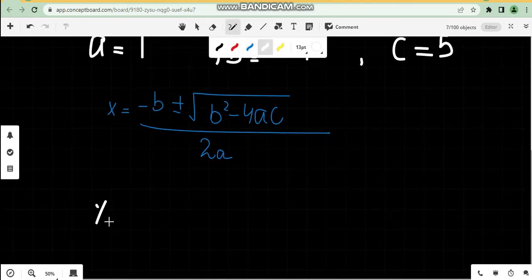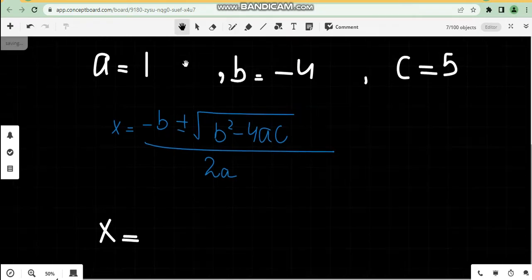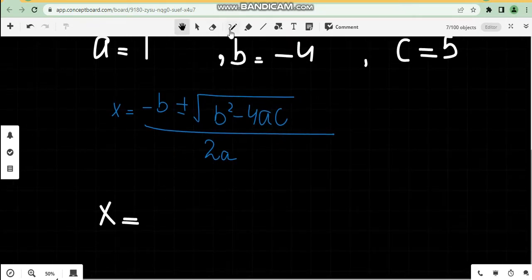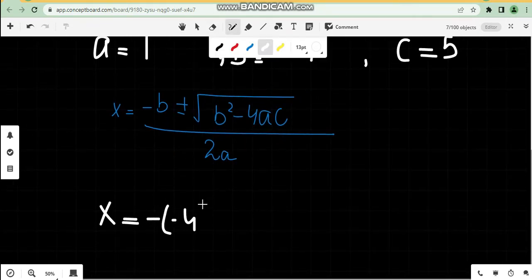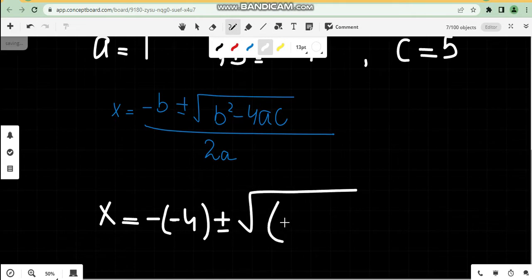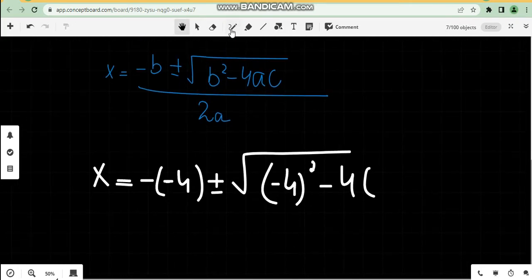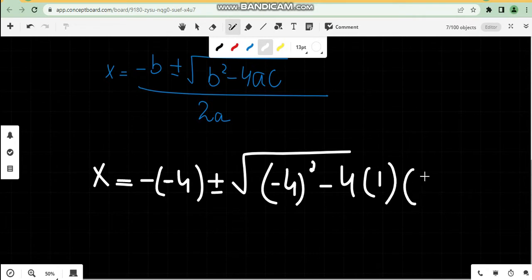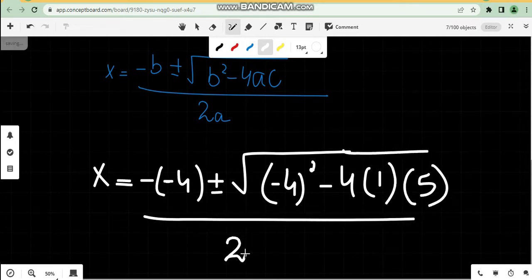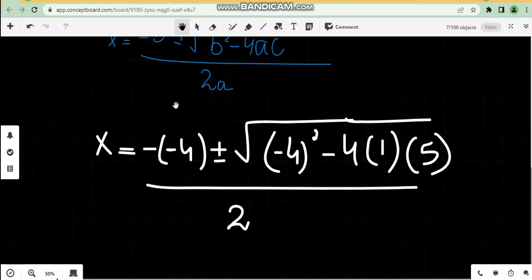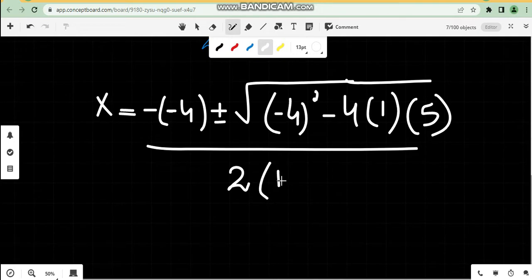So x equals the negative of the b value, that is -4, plus minus square root of (-4) square minus 4 times a, which is 1, and c is 5, divided by 2 times the a value, that is 1.